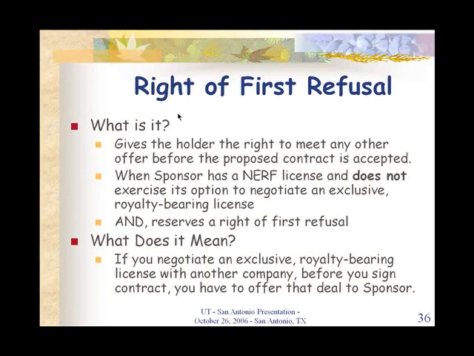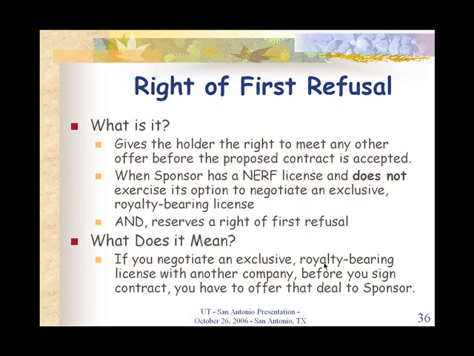So the right of first refusal, what is it? It gives the holder the right to meet any other offer before the proposed contract is accepted. When the sponsor has a NERF, remember that acronym from before, the license, and does not exercise its option to negotiate an exclusive royalty-bearing license, and reserves the right of first refusal, just to be able to back out. So what does it mean?